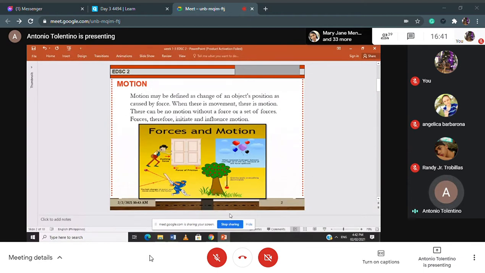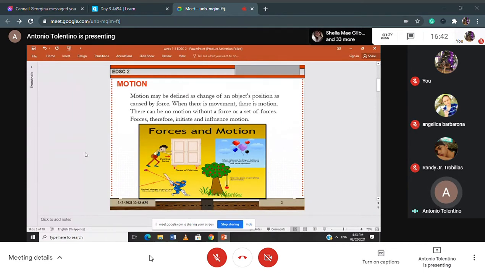This is for grade 3, so not only for grade 5. Motion, of course, is related also to force. Motion may be defined as a change of an object's position as caused by force. Remember, there are natural forces. Examples of natural forces are magnetic force and gravitational force.